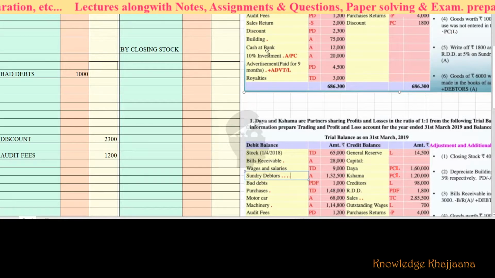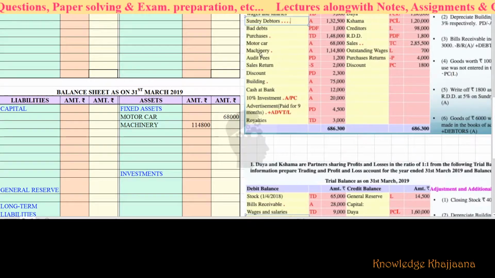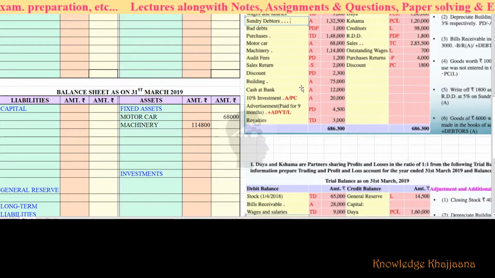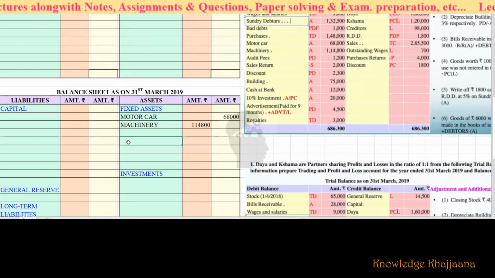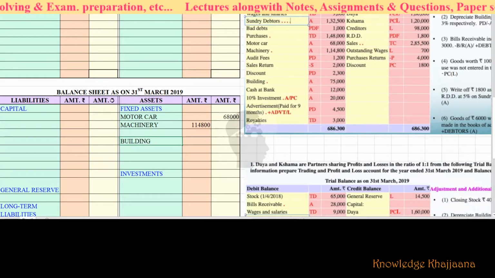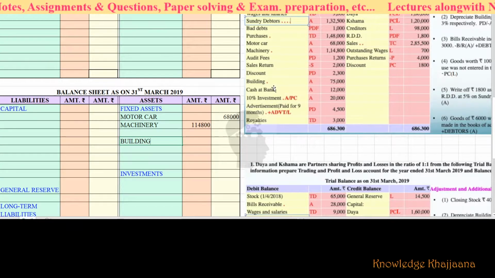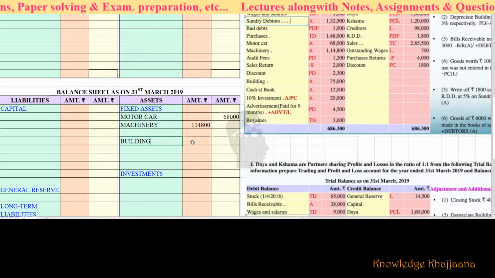Then building. Building is an asset. But against building there is an adjustment, right? So we'll write over here, building in the balance sheet, liabilities, assets. Building with adjustments we have written 75,000.